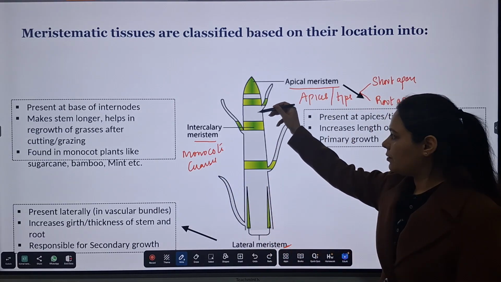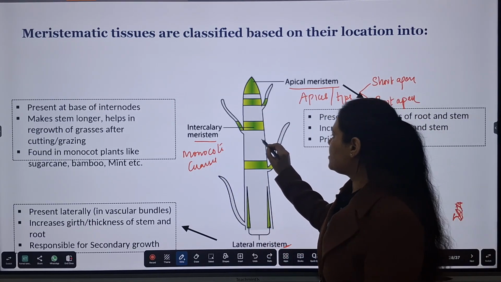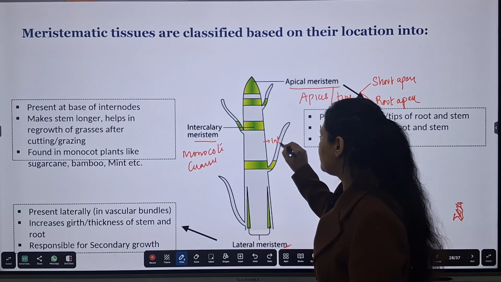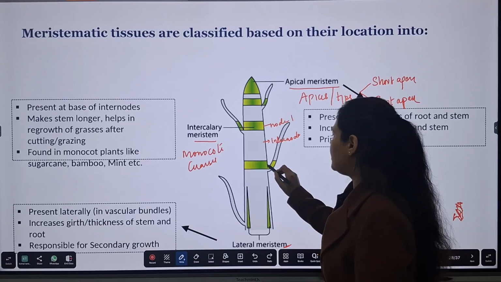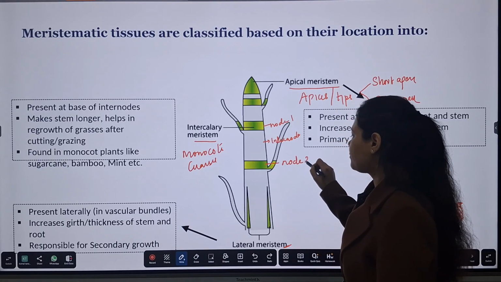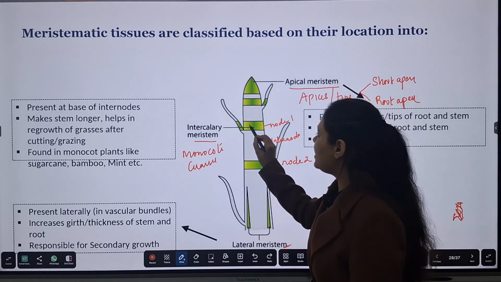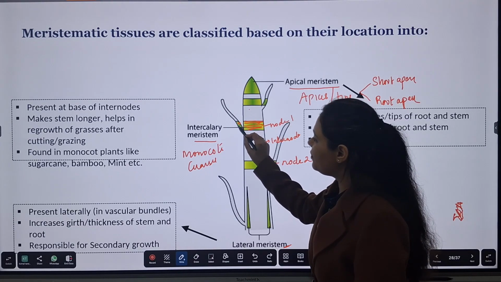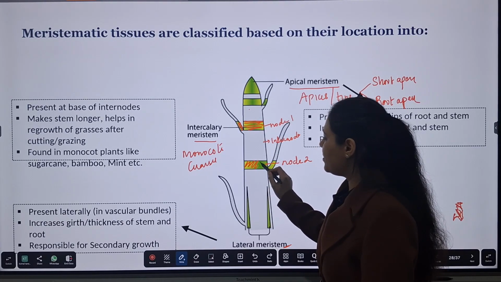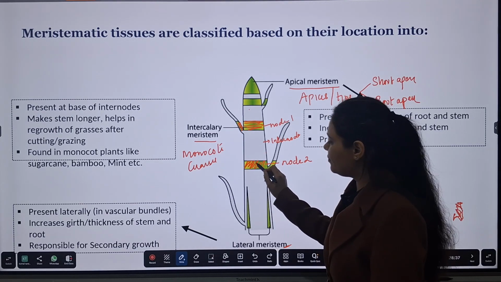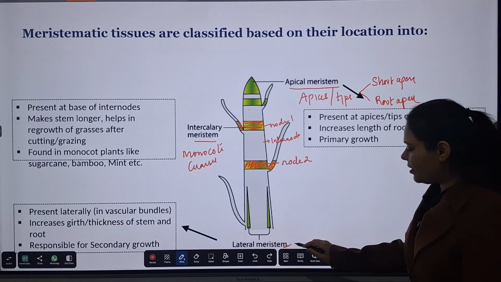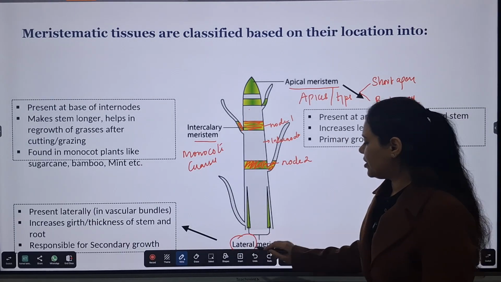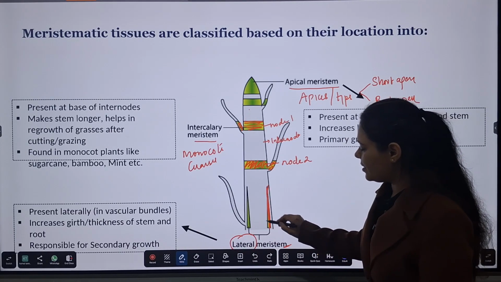This is the stem of the plant. This is an internode. This is one node, node 1, and this is the second node. Intercalary meristem is present at the base of the internode and at the base of the leaf. And lateral meristem, as the name suggests, is present laterally in the stem and roots.